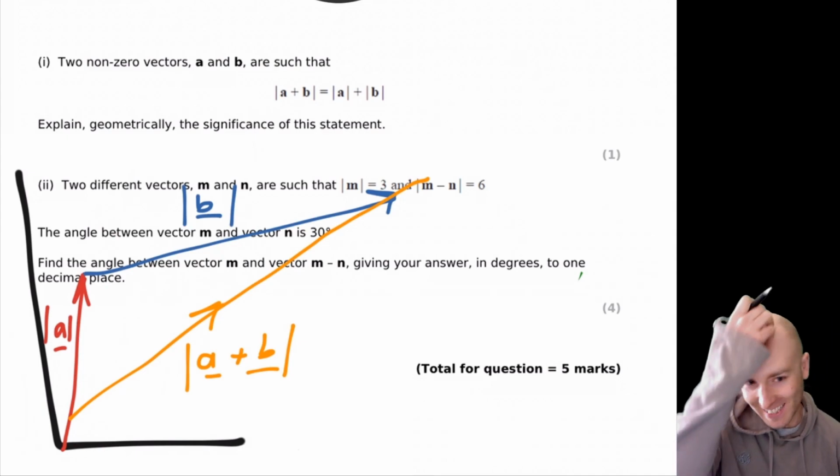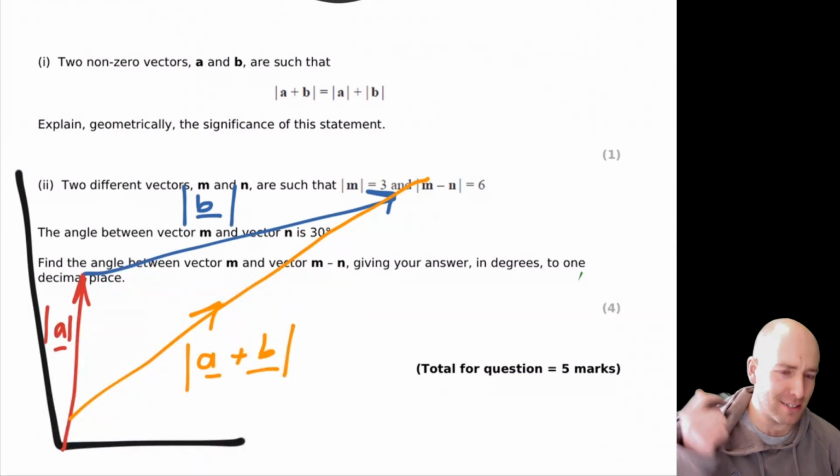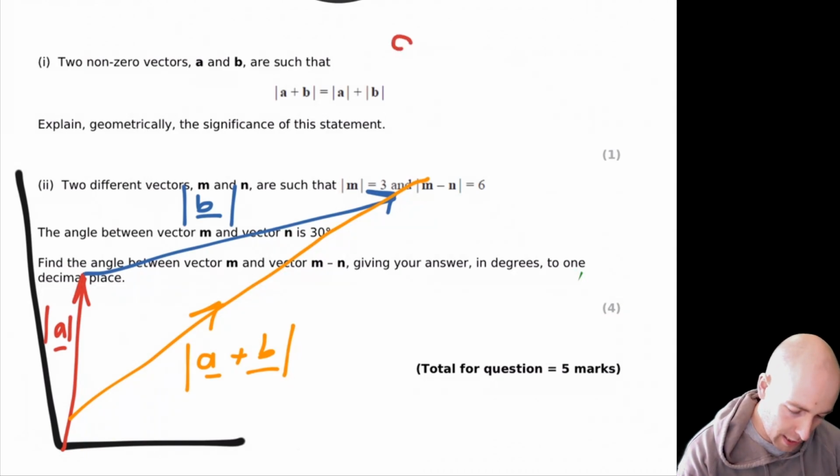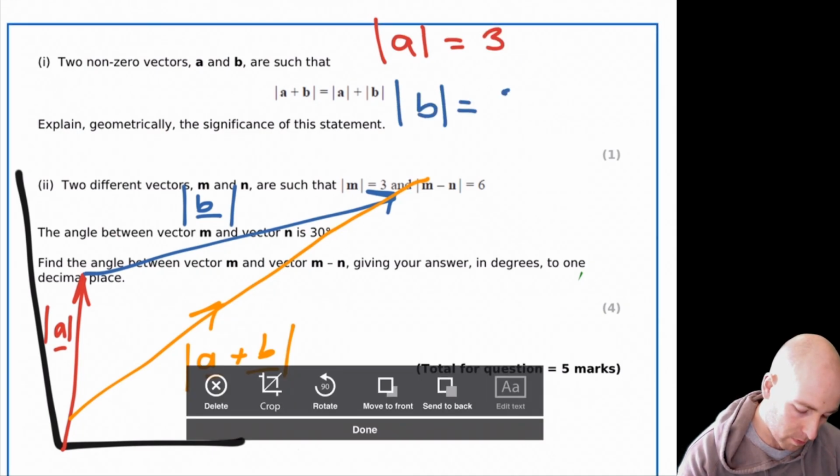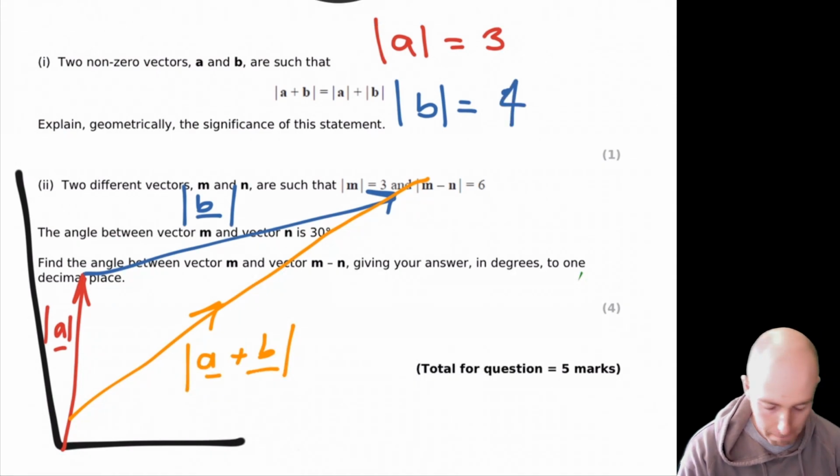Okay, let's try and make it easier, not harder. Let's say that A has a size of 3 and B has a size of 4. Would you be surprised if the size of A plus B equaled the size of A plus the size of B?